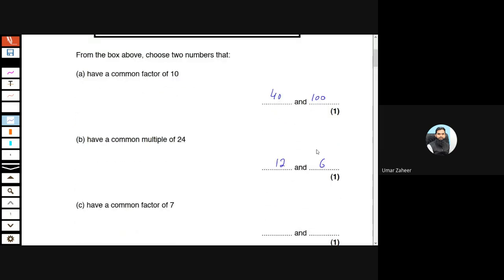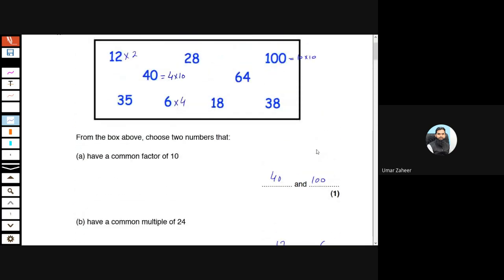Alright, have a common factor of 7. He is talking about the factor. Which are the numbers that have a common factor of 7?